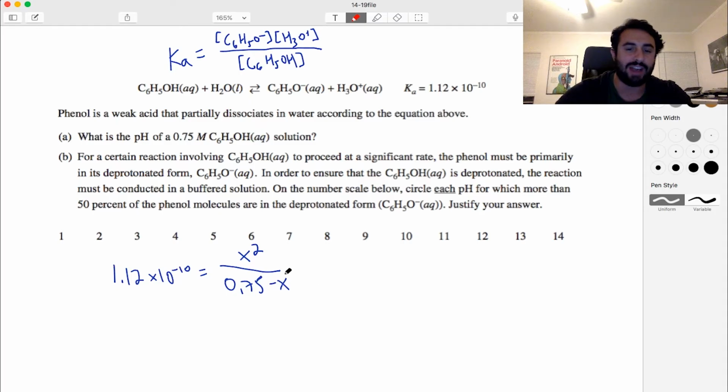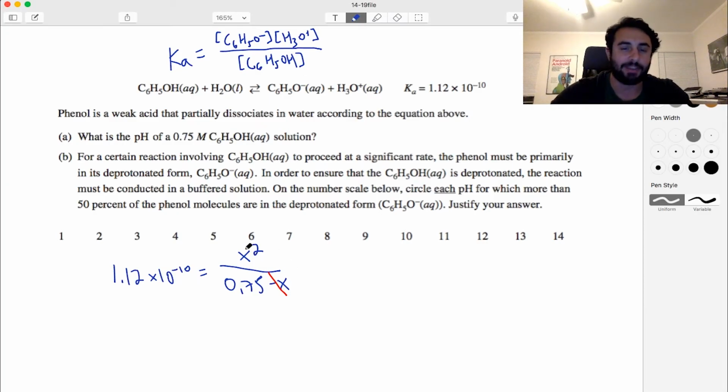This is actually negligible. We can ignore that. We can treat it as just 0.75 because it's really going to be 0.749999913. It's going to be very close to 0.75, so close that we can just call it 0.75.